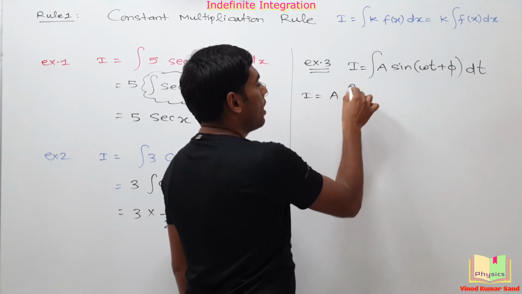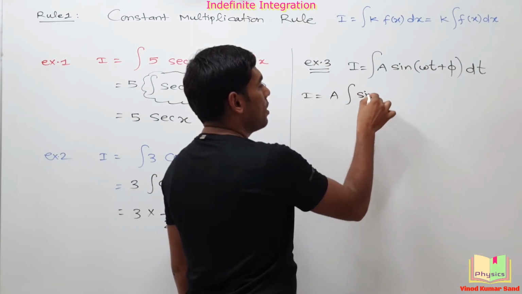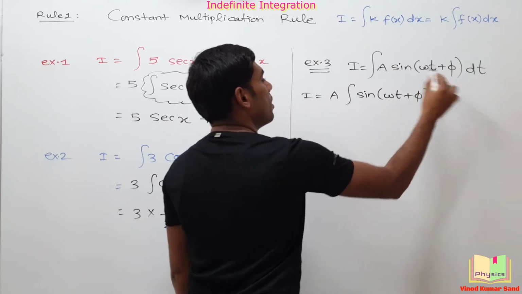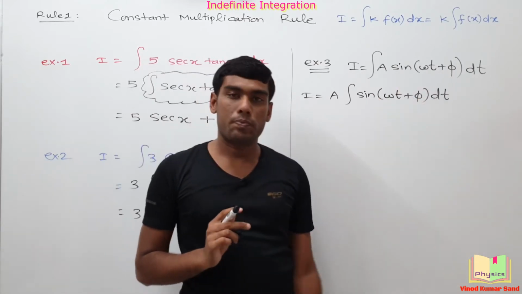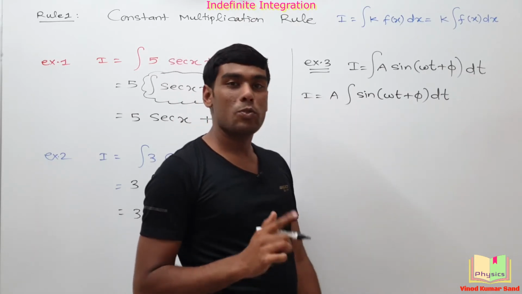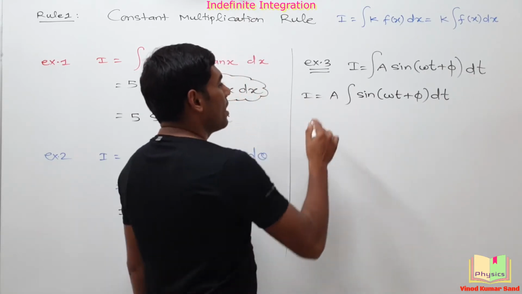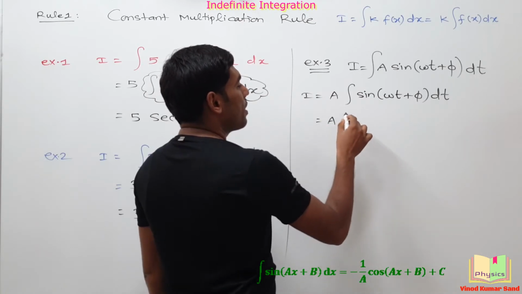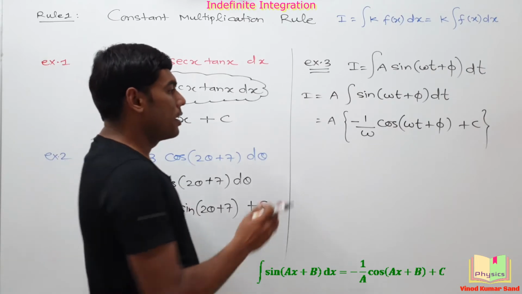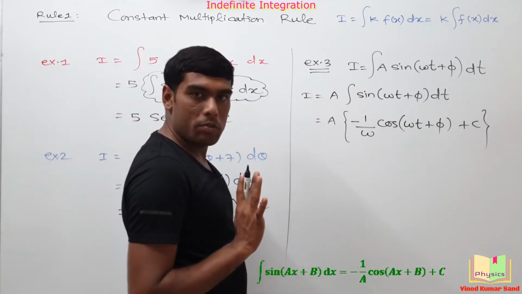So we are left with A integration sine (omega t plus phi) with respect to t. Okay, any direct formula for this? Check your formula table. It will be written as, I hope you get this. If you wish, you can simplify it further.